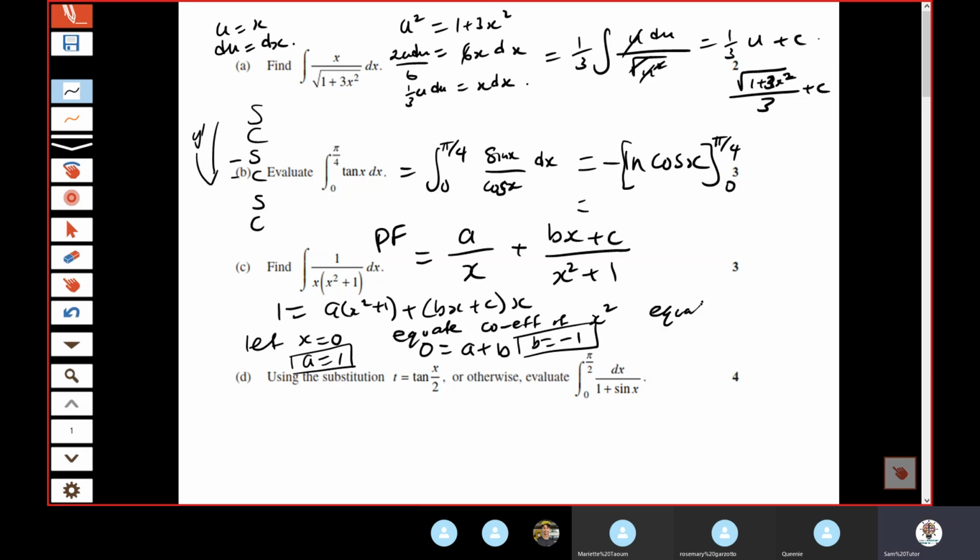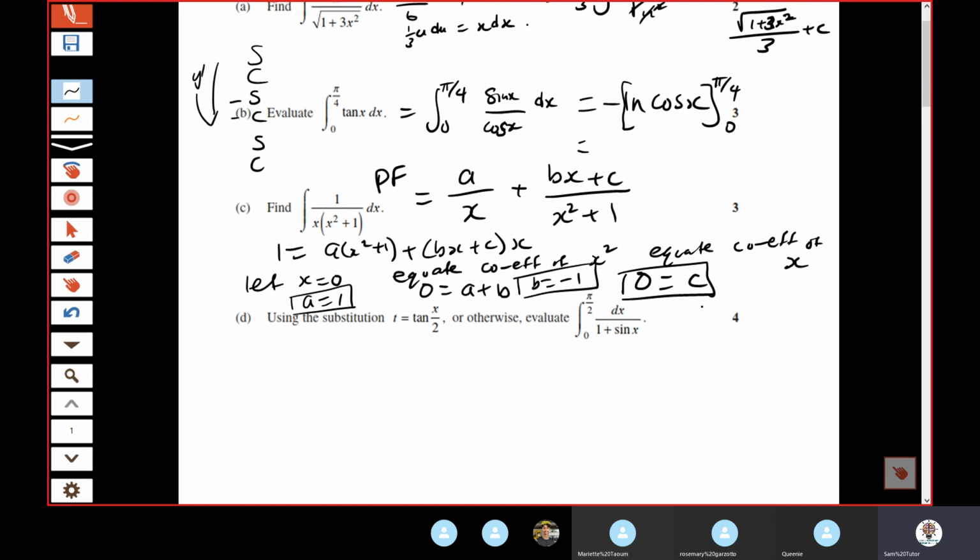So equate again, equate coefficients of x. There's no x here, 0. There's no x here, so it's still 0. And then the only x you're going to get here is c. So that was pretty easy. C would just equal 0. And then once we've got that, it's just a matter of substituting it back in and finishing it off.